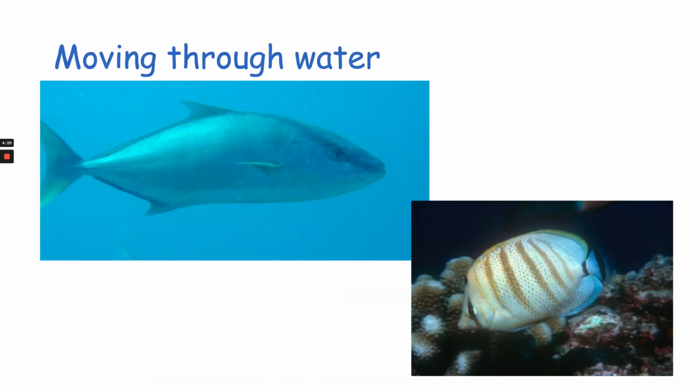So in order to move through the water, if you looked at these two fish, which one do you think would be fastest? The one on the left is right. I knew you said that. And the one on the right is a butterfly fish, which is not so fast but highly maneuverable.